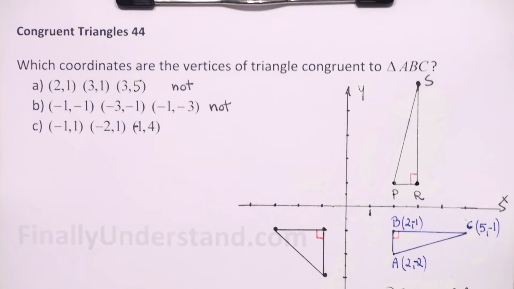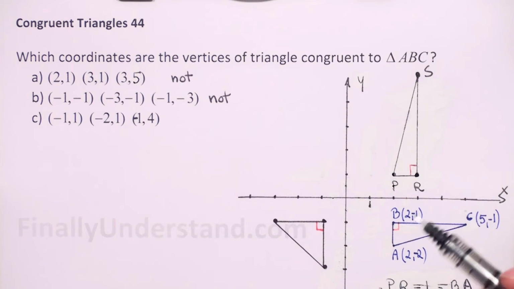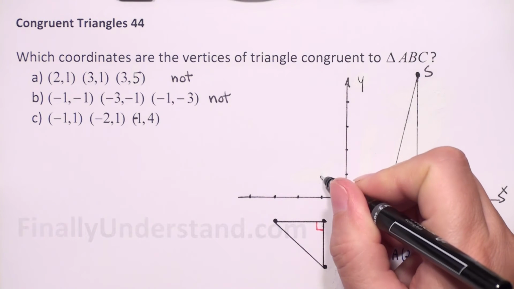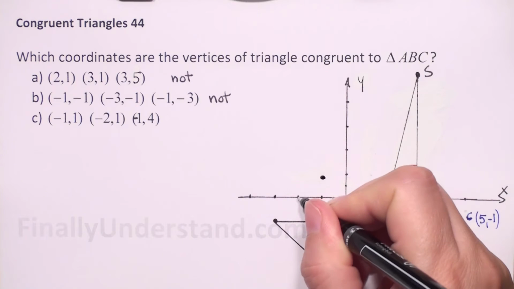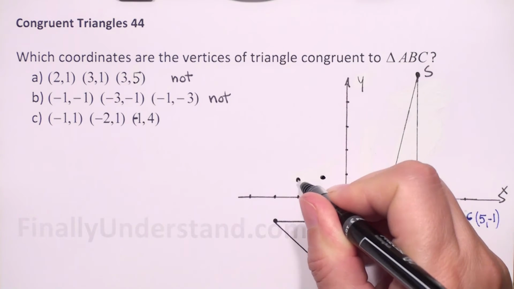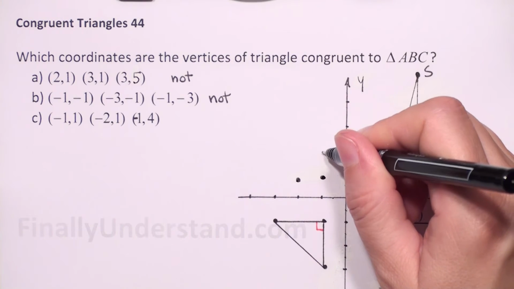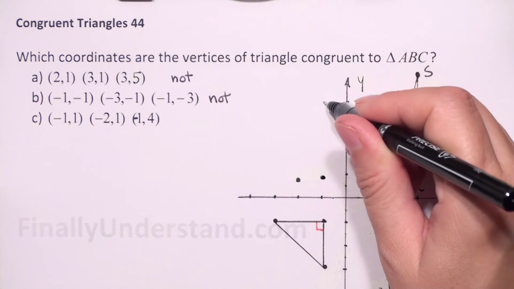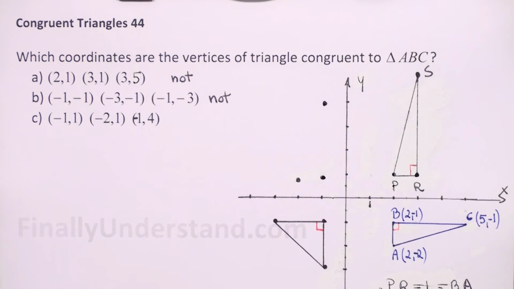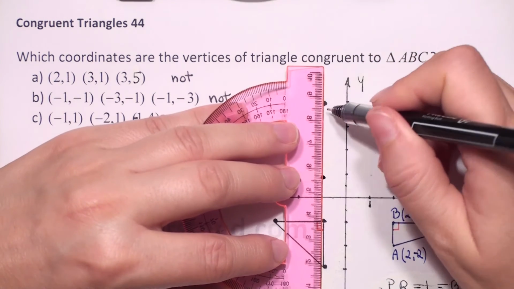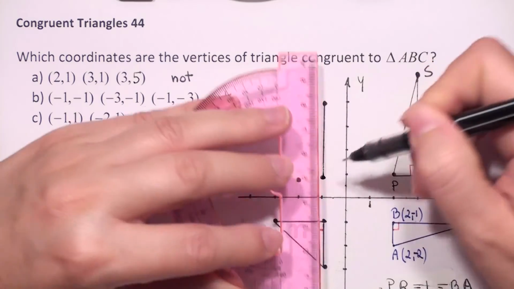And now the last example. We have coordinates (-1, 1), (-2, 1), and (-1, 4). 1, 2, 3, 4. So now we have to connect these 3 points, and we have a triangle.